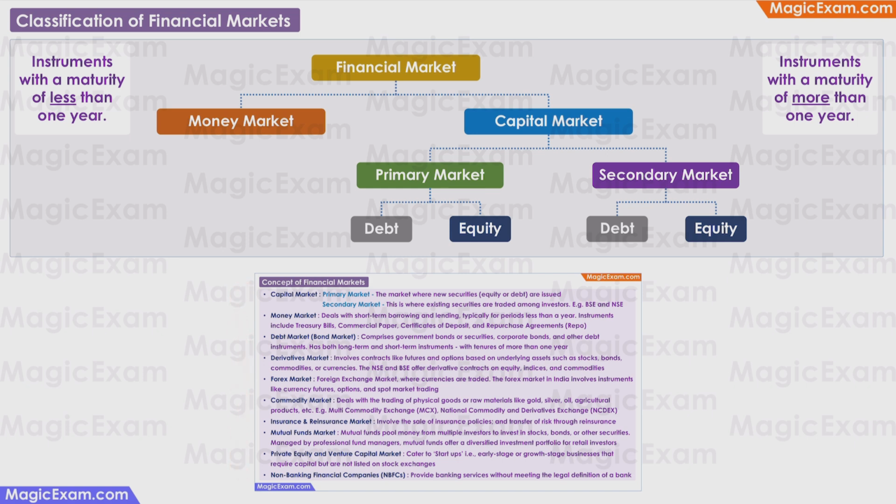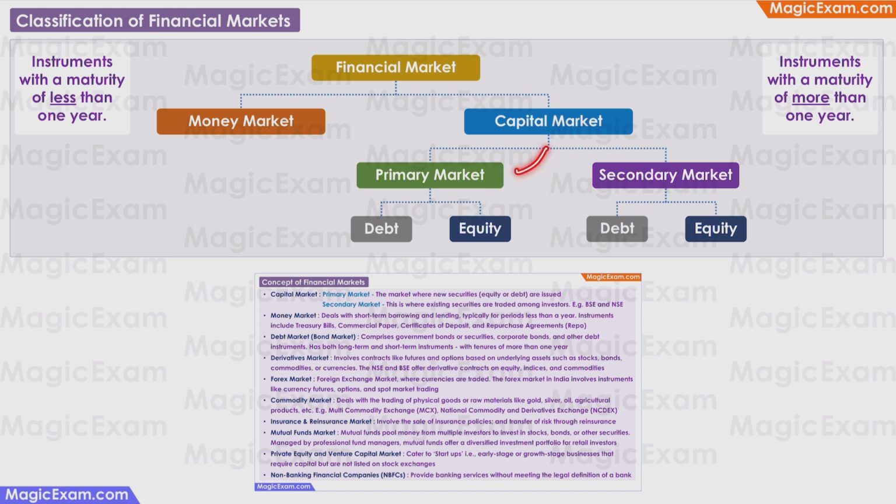In the syllabus, we will be talking about the money market and the capital market. The money market deals with financial instruments with a maturity of less than 1 year. The capital market deals with instruments like equity shares, which have no defined maturity, and with bonds and debentures, which are debt, with a maturity of more than 1 year.